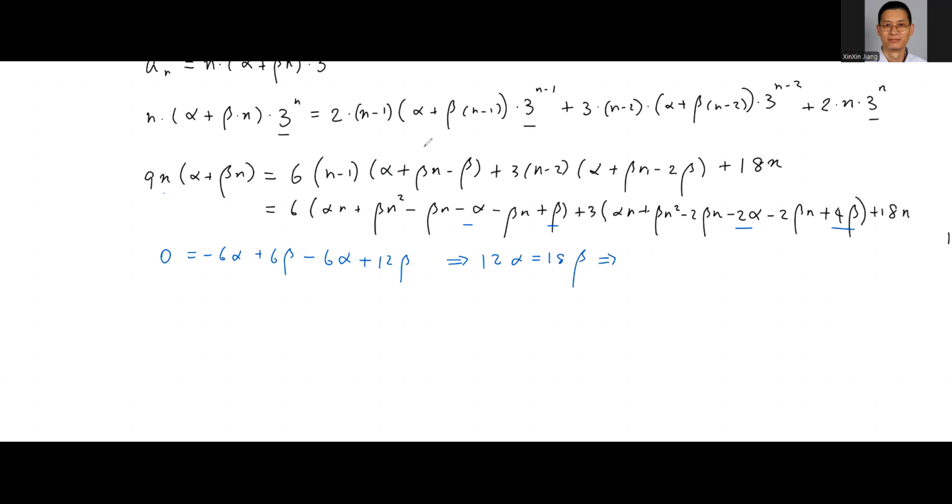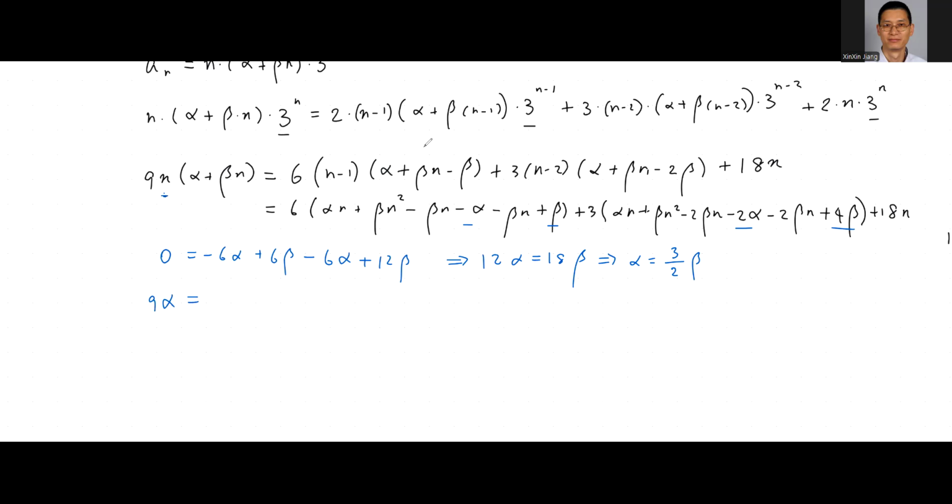And I get alpha equals 9 over 6, 3 over 2 beta. Okay. Let's work with the coefficient of n. So I have 9 alpha equals, remember this is the coefficient of n, you have n squared if you multiply it together. So 9 alpha.